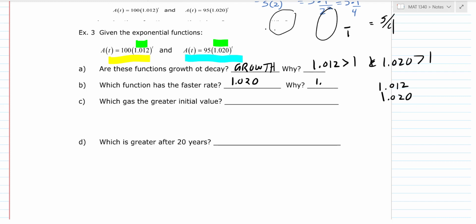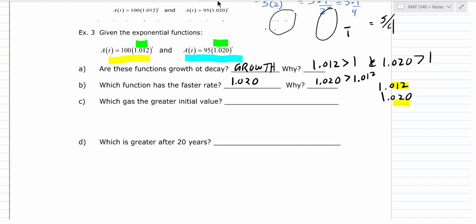And the reason is because 1.020 is bigger than 1.012. Okay, just look at how the decimals line up. It's really 20 is bigger than 12. So you would find if you graphed those, the second exponential function would get bigger at a faster rate, okay?